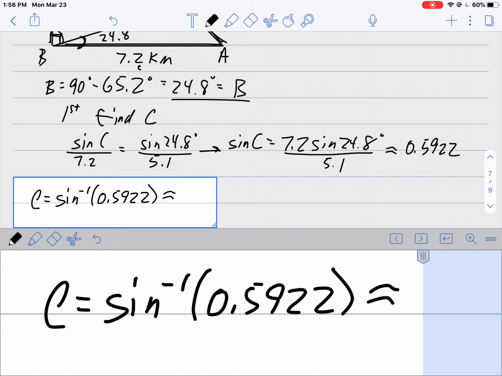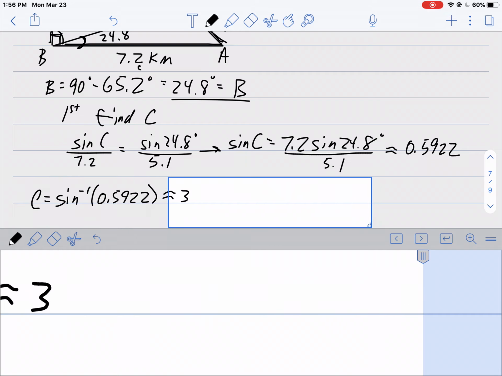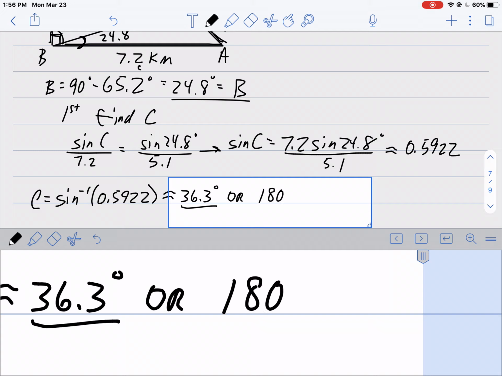Plug that in and we get approximately 36.3 degrees, or, because again, that's a positive sine value, there's a Q1 angle and there's a Q2 angle.